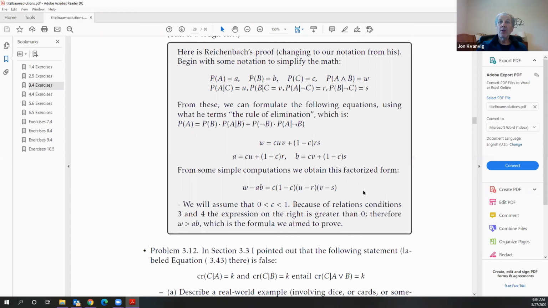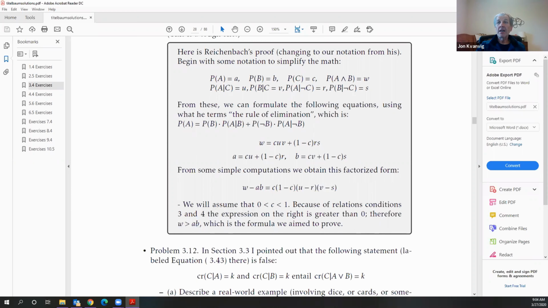Now we have to assume that all of the probabilities here are defined. So we're assuming that C is strictly between 0 and 1. Because of the relevance conditions, 3 and 4, the expression on the right is greater than 0. Therefore, W minus AB is greater than 0, from which it follows that W is strictly larger than A times B.